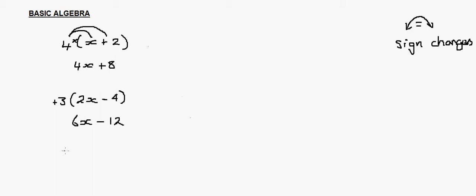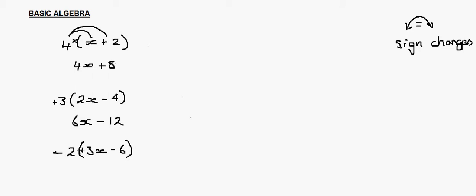Okay, let's do another one. So let's say we've got minus 2 bracket 3x minus 6. Okay, so we have a minus 2. Now we know this 3x is positive.